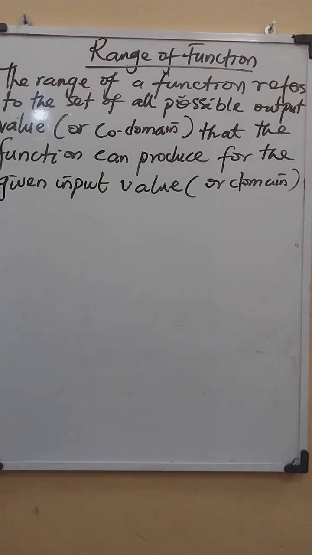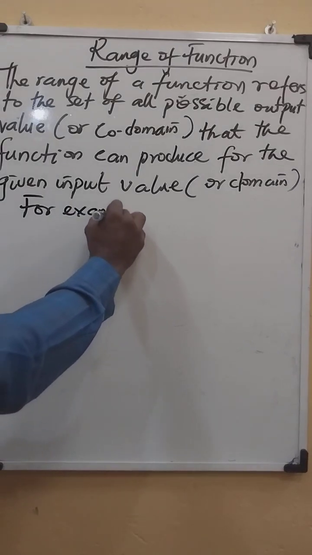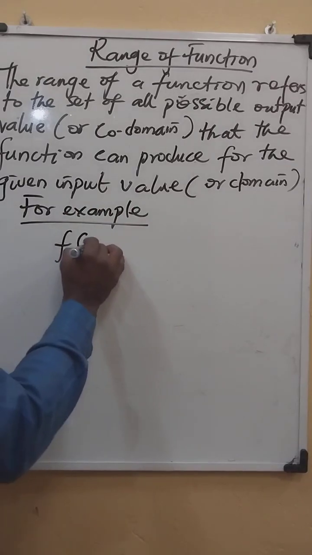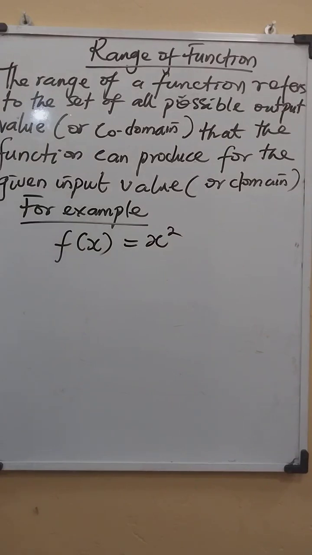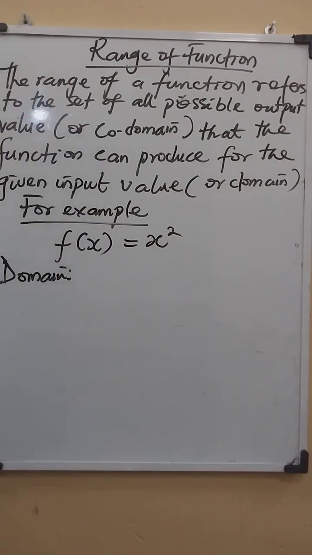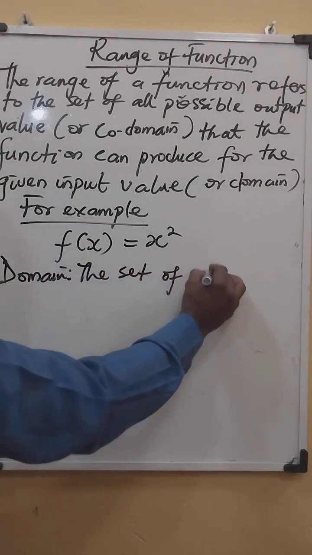Range of function works that way, almost a little bit like what we have in equal functions. For example, now, if we have the function f(x) equal to x squared, for the domain in this case, the range of function is the set of all real numbers.